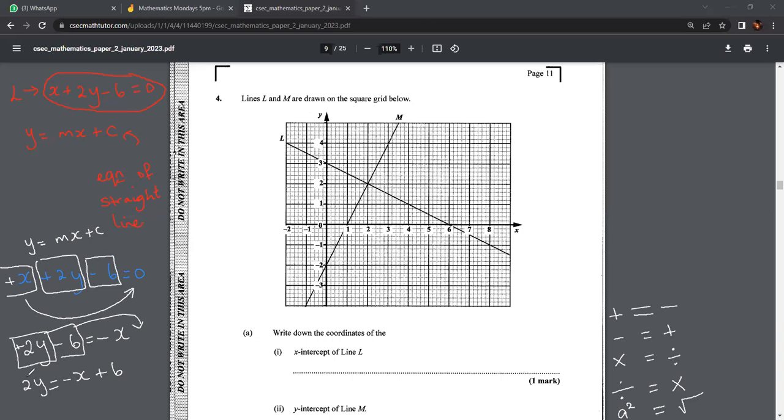Now this 2, because remember, I want y is equal to mx plus c, so I'm going to carry across the 2 because I want y alone. So I'll end up with y is equal to, now this 2 was attached to the y through multiplication.